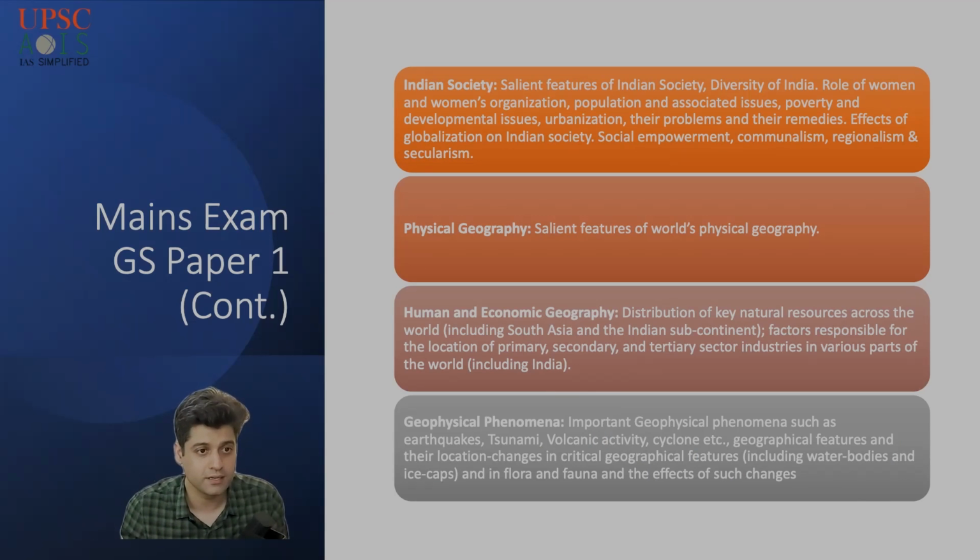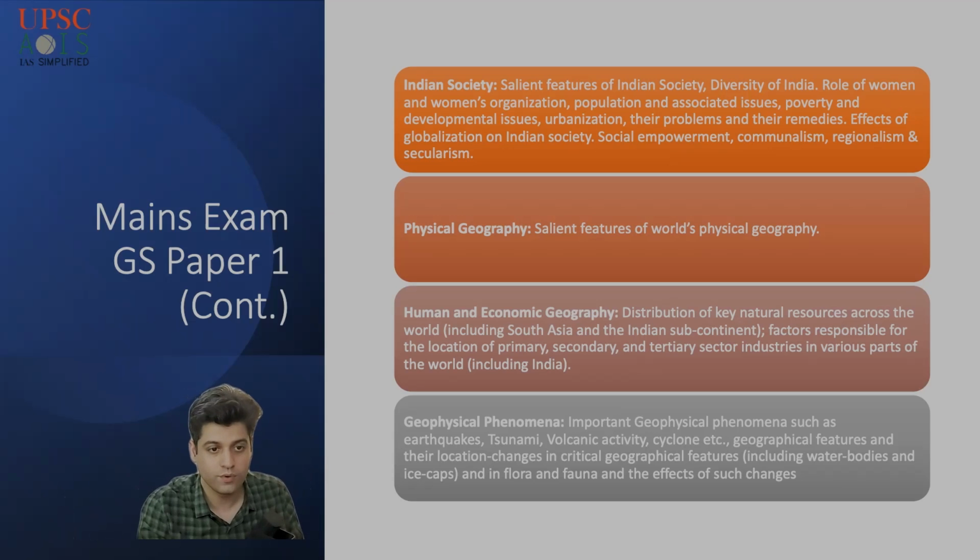Basically, the fourth point is more of applied part of geography, which also constitutes significant chunk of environmental and climate change, pollution related challenges, right? Now, this is entirely the syllabus of GS1 for a mains exam.